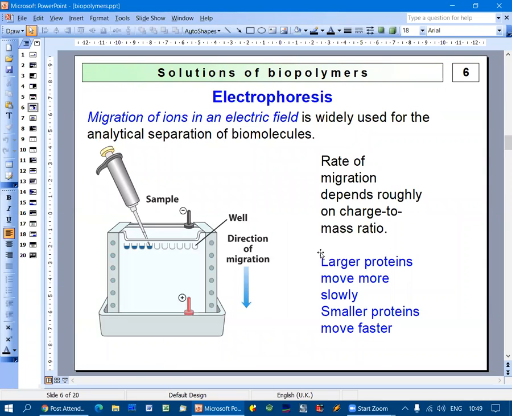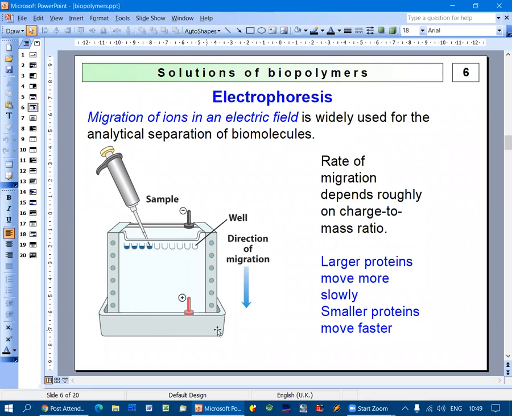The ability of a molecule to have positive or negative charge at different pH values is used in electrophoresis. This is the migration and separation of charged ions under the influence of an electric field.